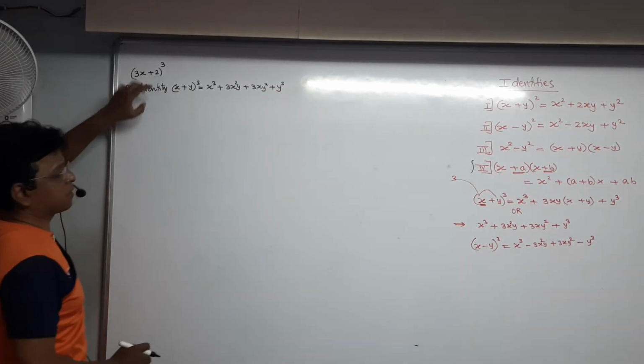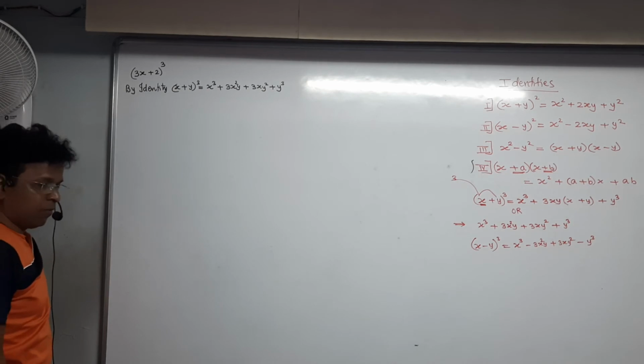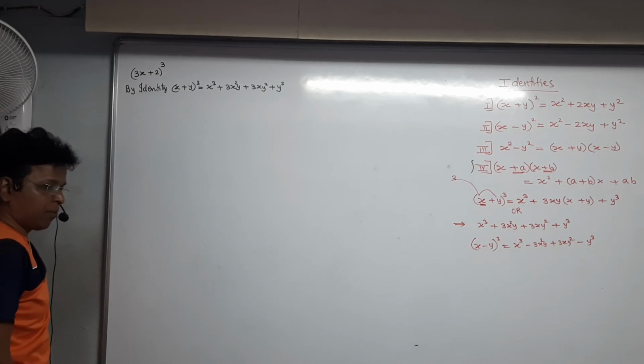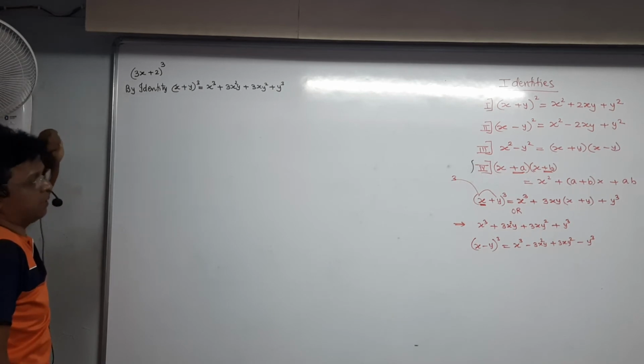Always plus. In a plus, everything stays plus. Only when it is minus in between, at that time it is going to be plus minus plus minus. Otherwise in plus, everything is plus.